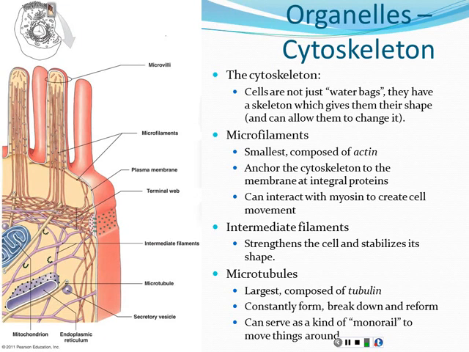Now, the cytoskeleton does not come up very often in the course, so I'm not going to spend a lot of time here, but just know that there are different kinds of filaments, and they are what give the cell its shape. So when you look under the microscope in lab, and you see that a cell has a tall, skinny shape, it's the cytoskeleton that has done that. It's not like it's been shaped from the outside. It shapes itself from the inside with these tiny protein strands that give it a sort of rigid structure.